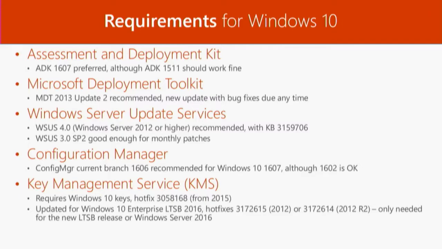Be aware though that the ADK for Windows 10 1511 doesn't get along very well with Config Manager. There is a hotfix that you need to manually apply to your Windows PE boot images to make that work. 1607 fixes that, so it's best to move to a Config Manager version that supports the ADK 1607, which would be the 1606 release, and it takes care of all those issues.